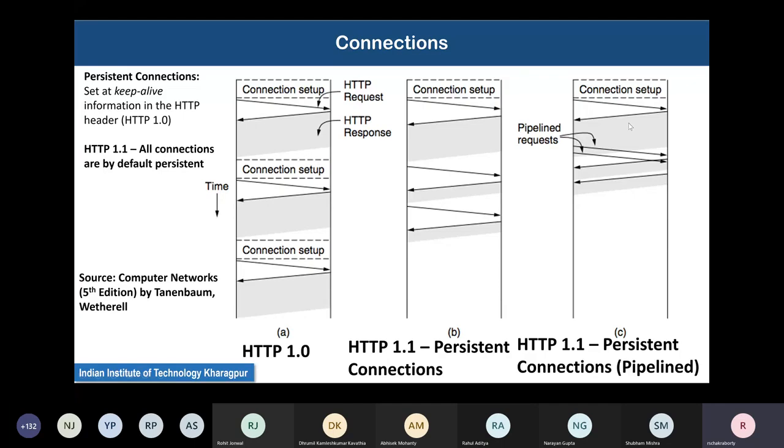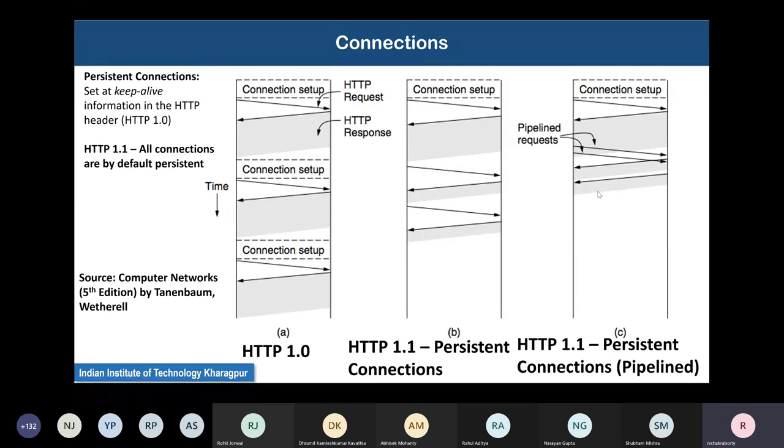In the persistent pipelined version, even the requests are superimposed on one another. So basically the server is bombarded with requests one after the other. Even before the server has been able to give back the complete answer to one of the requests, the other request has come. That is fine. The server will queue this next request, and when it finishes sending back data for the first request, it starts sending back data for the second request.